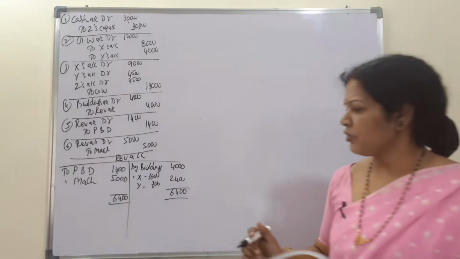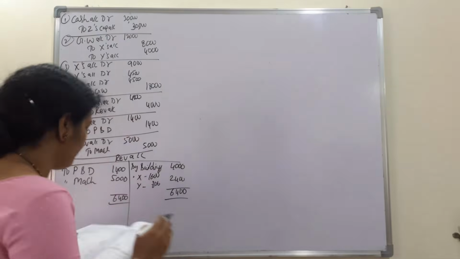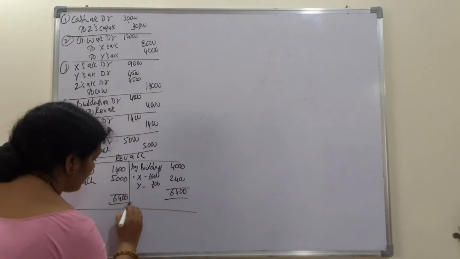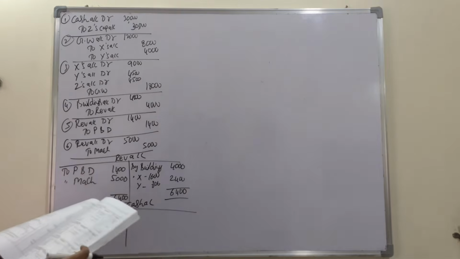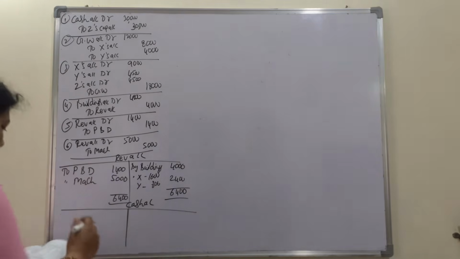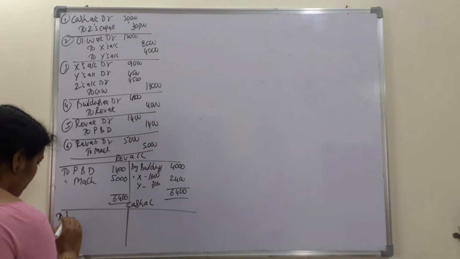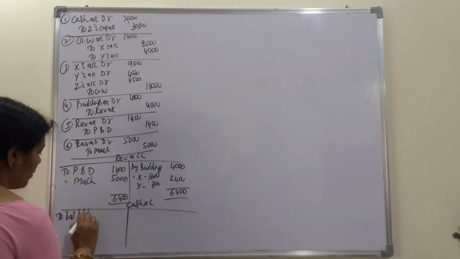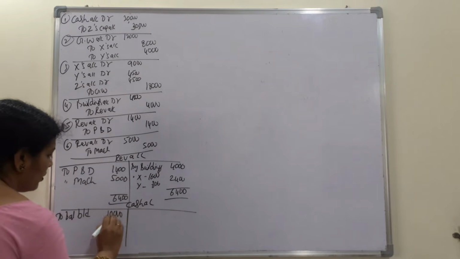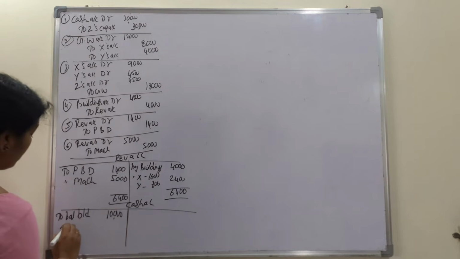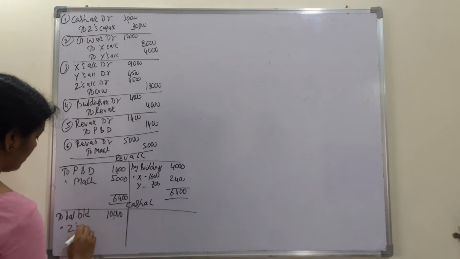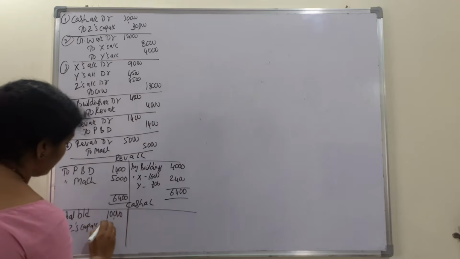Also we'll open the cash account. Opening cash is given here, 10,000 to balance brought down. Apart from this, where is the cash? Z's capital account, 30,000.